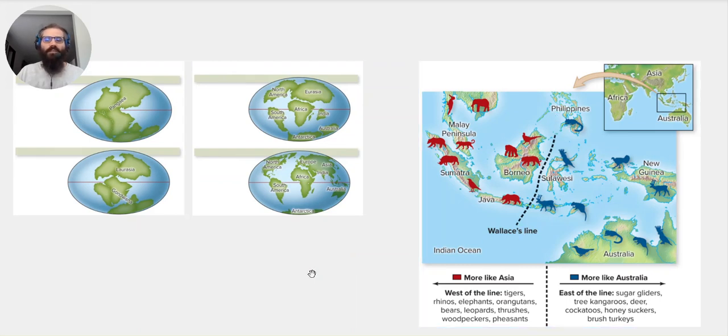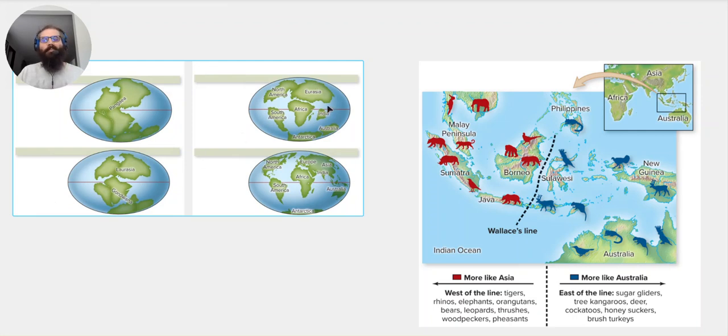From one side of the Wallace line, the side towards India and Asia, you have species that are really like Asian species, whereas from the side towards Australia, we have species that are way more like Australian species. It's really explained by that migration of India away from Australia after Pangea started to break apart.